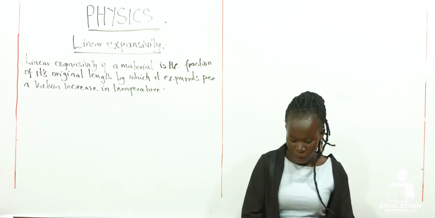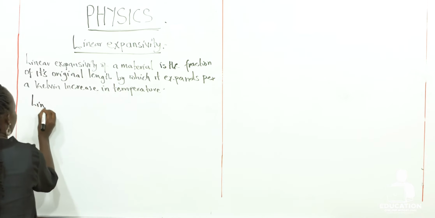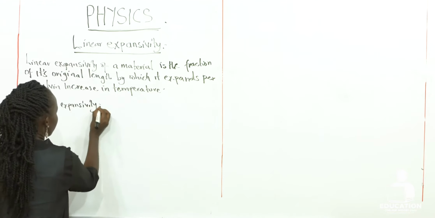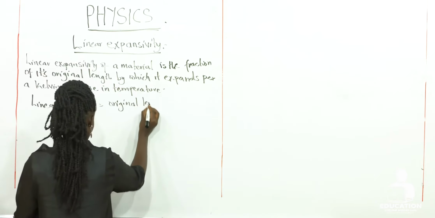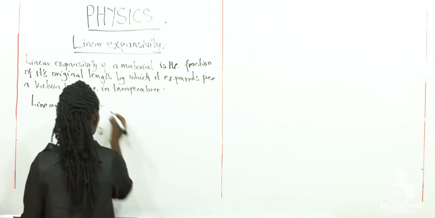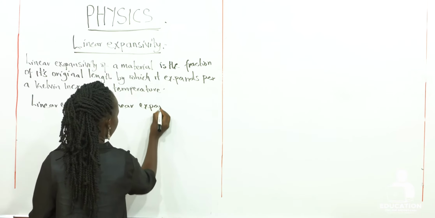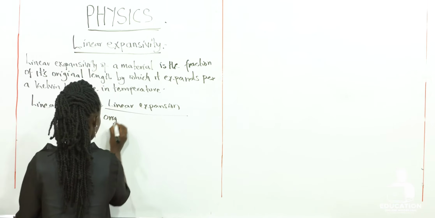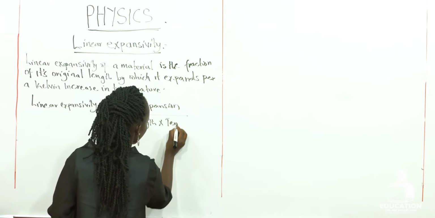So to find linear expansivity in mathematical form, we shall write it as linear expansivity is equal to the expansion over the original length times the temperature change.